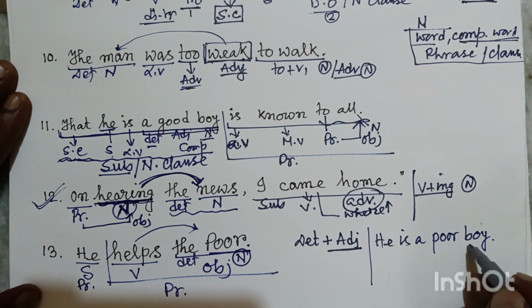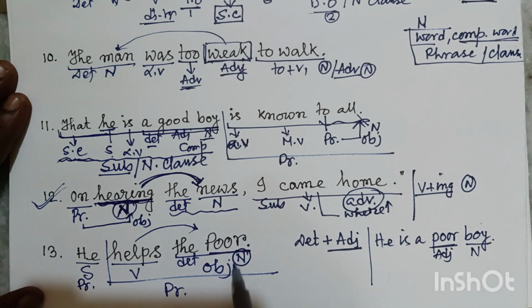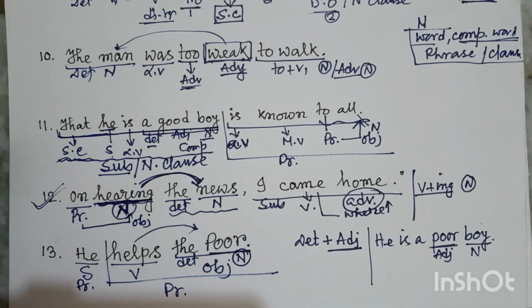So my dear friends, here this word poor is an adjective because it is describing the boy. But here it is not describing anything. It is not describing any person. If the word is used as an adjective in the sentence, obviously that particular word must modify a noun or pronoun in that sentence.